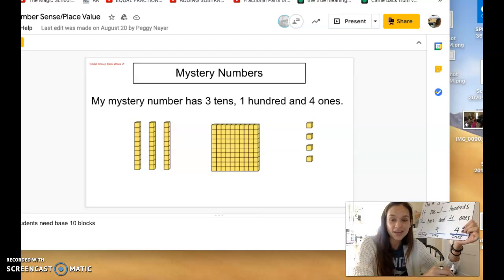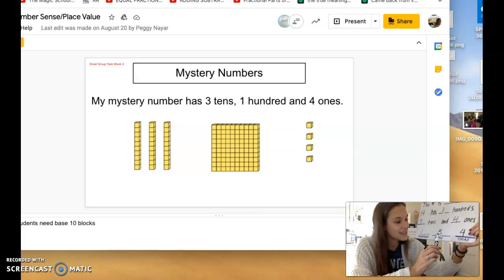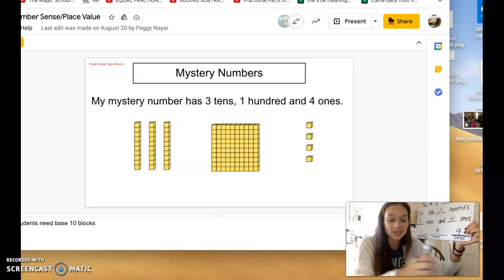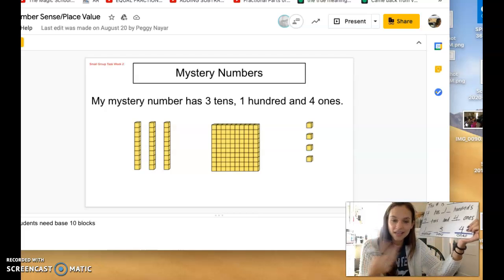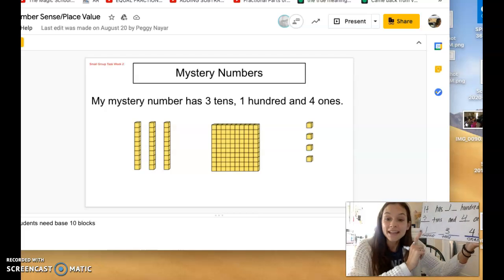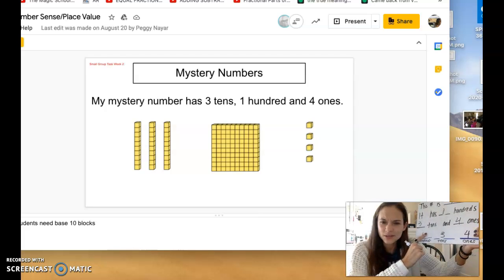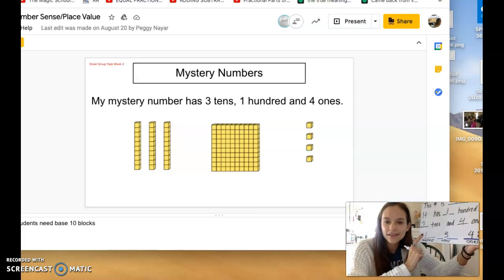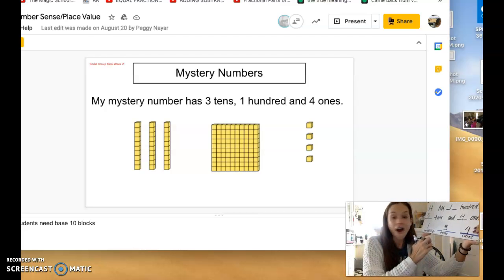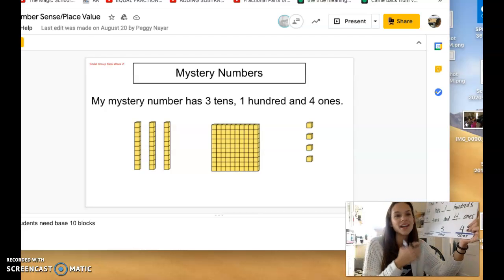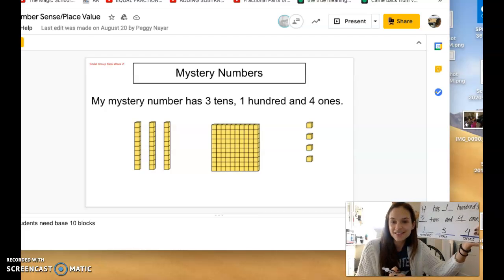Is it just 3? No, it's 30, right? Because it's 3 tens, 10, 20, 30. This is actually 30. And what is the value of this number right here? Is it just 1? No. What is it? It's 100.